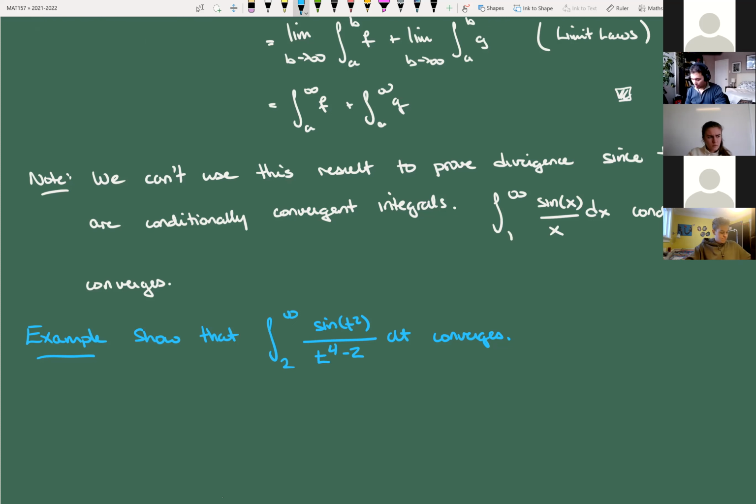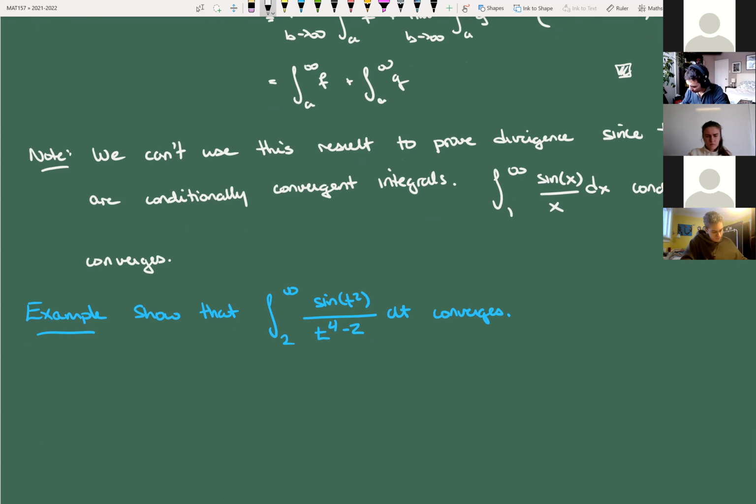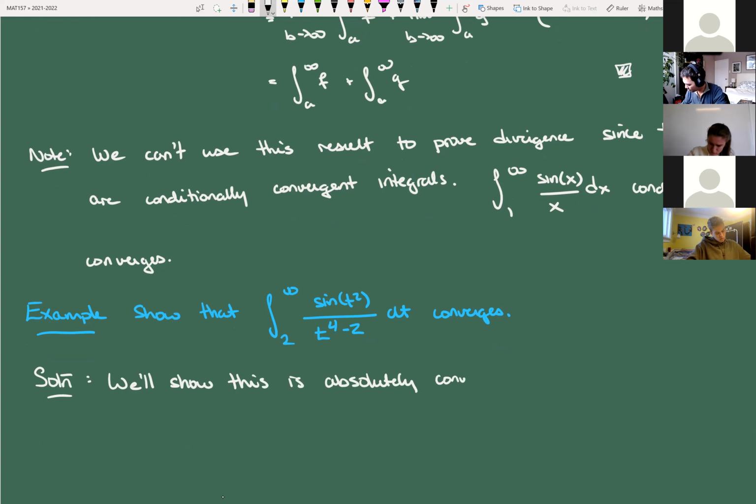What I can do, though, is take its absolute value. We'll show this is absolutely convergent, and hence convergent.